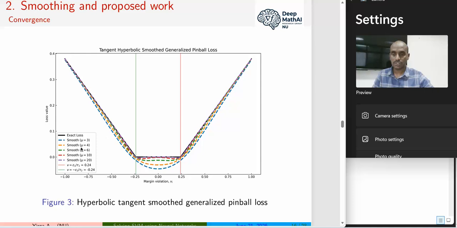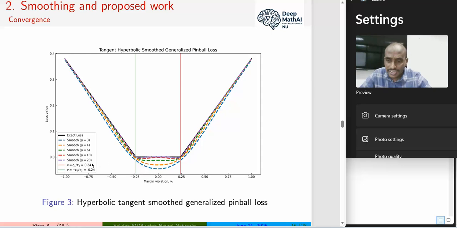You see figure 3. The dotted curves are the approximations, and the solid black curve is the exact generalized pinball loss. As can be seen here at the kinks, it is not differentiable. For different values of the smoothing parameter mu, we have different graphs of the approximation.